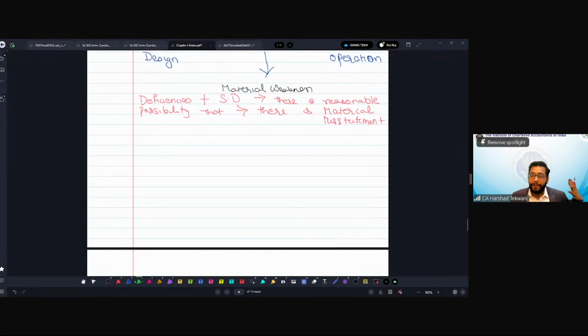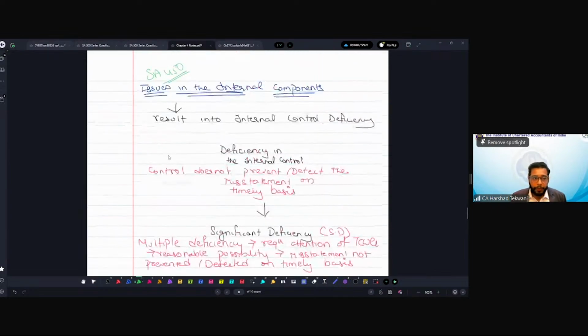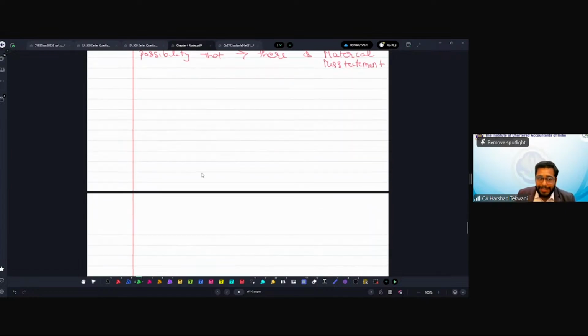Plus, it is required to obtain sufficient and appropriate audit evidence. So in certain scenarios, substantive procedures will not provide sufficient and appropriate audit evidence.